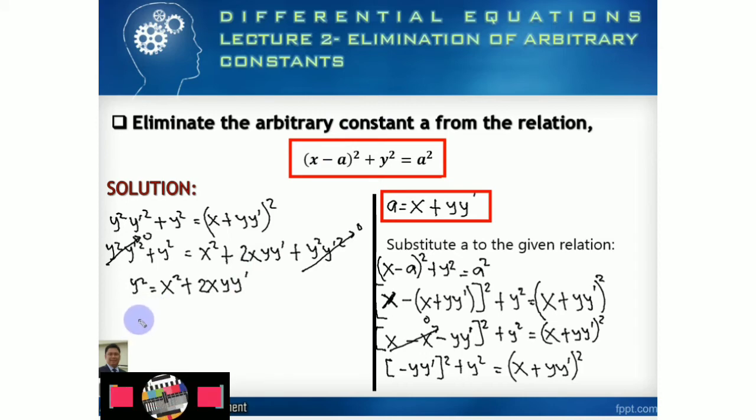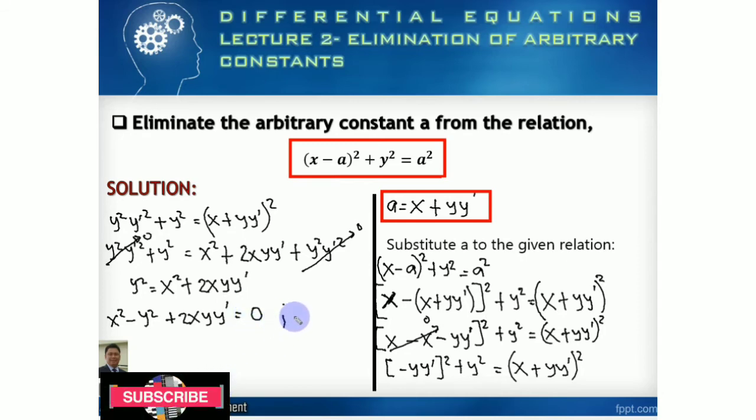So simplifying here, we are going to transpose this y squared to the other side. So we have x squared minus y squared plus 2x y prime, which is equal then to 0.